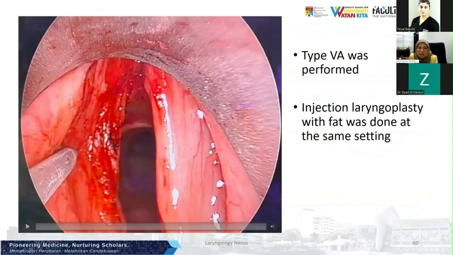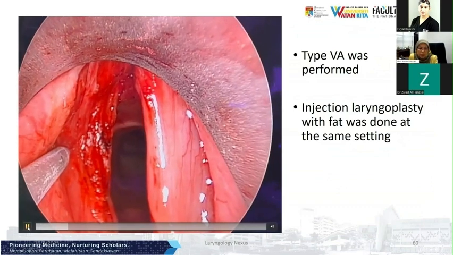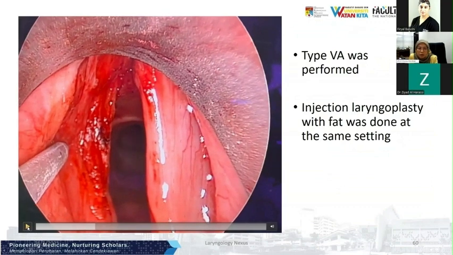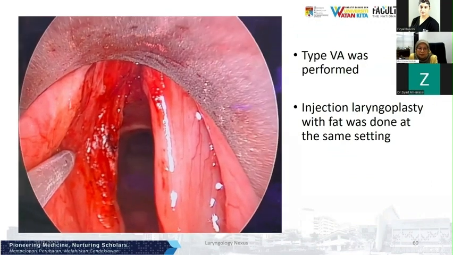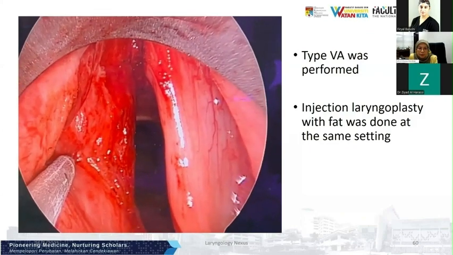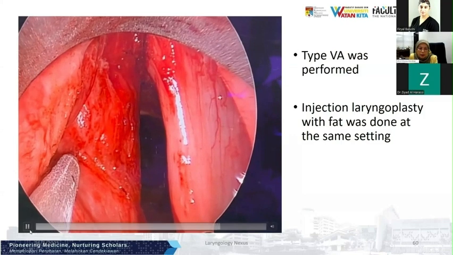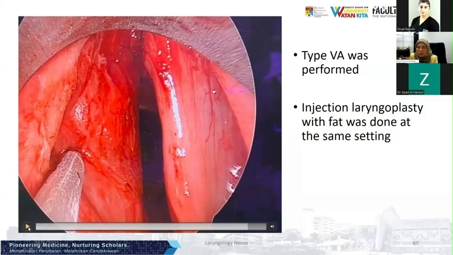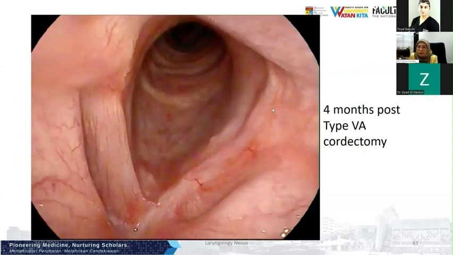Then under general anesthesia, the anterior commissure was not involved. So instead of doing a type 6 chordectomy, type 5A was performed. The patient was concerned with the voice, and injection laryngoplasty using fat was done. It bulked up, and this is 4 months after type 5A chordectomy.